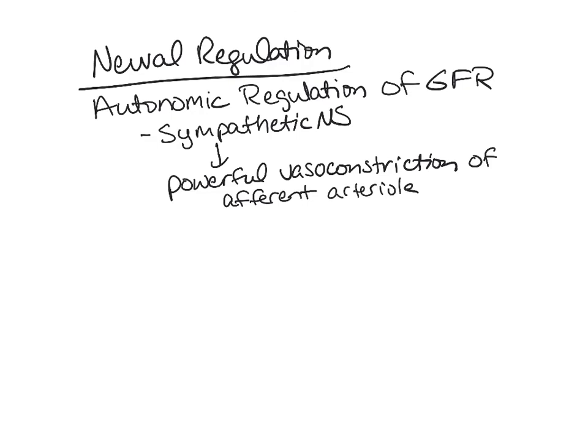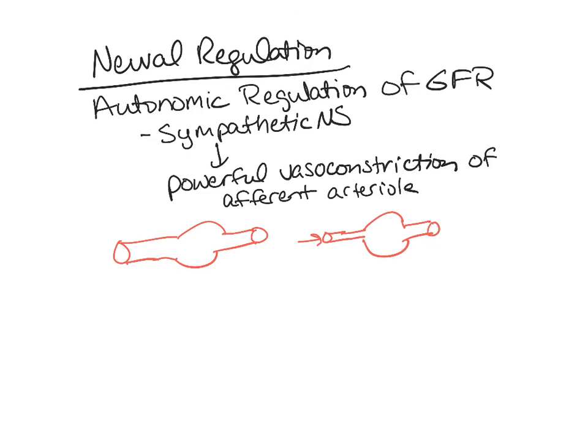So we have normally where the afferent arteriole is bringing a proper amount of blood into the glomerulus. Now we have a powerful vasoconstriction of that afferent arteriole, and that means that there won't be as much blood going into the glomerulus.